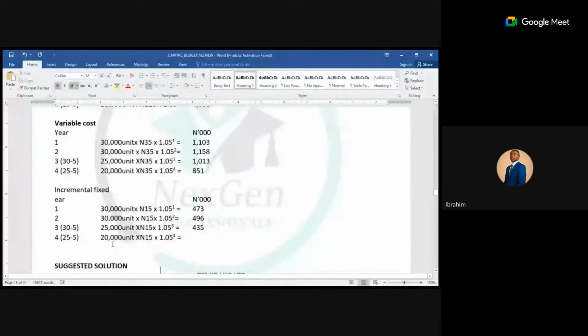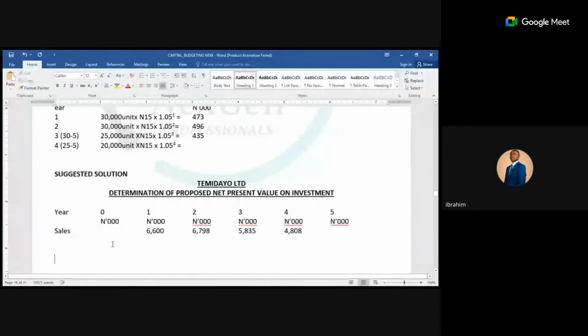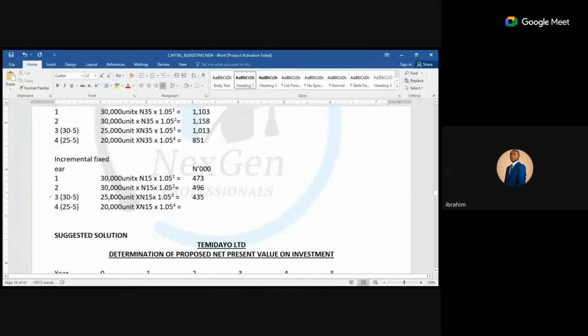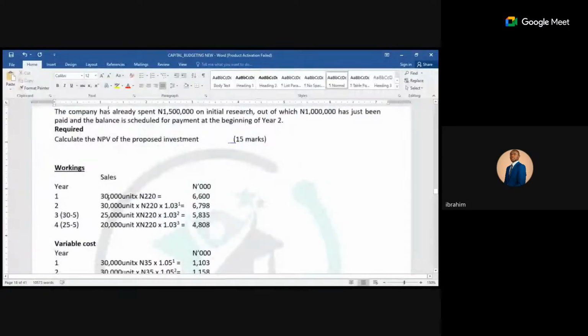So in the first year, we're supposed to have the incremental fixed costs.